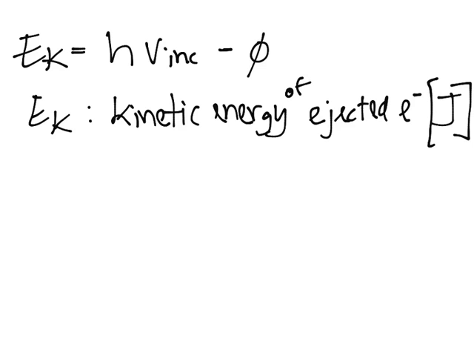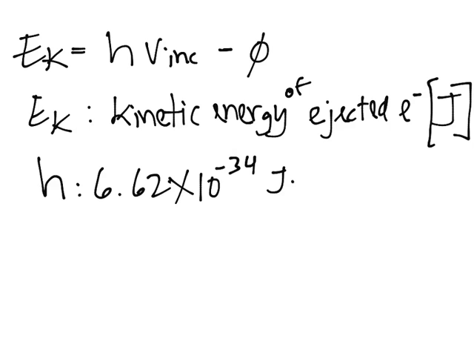Then we have our h, and if you recall from the previous video, it's Planck's constant. So just to refresh your mind, it's 6.62 times 10 to the negative 34 joules times seconds.